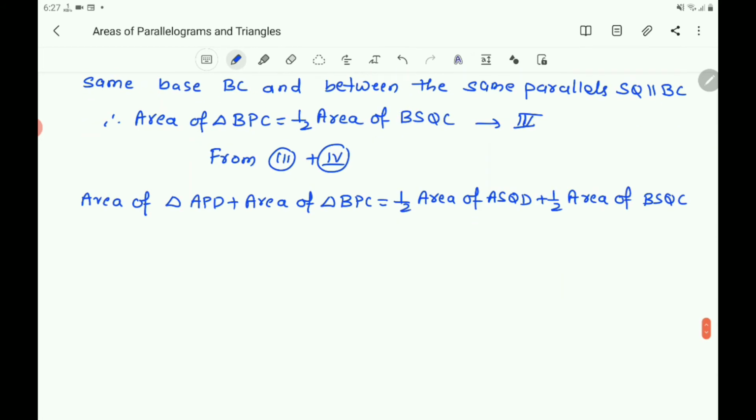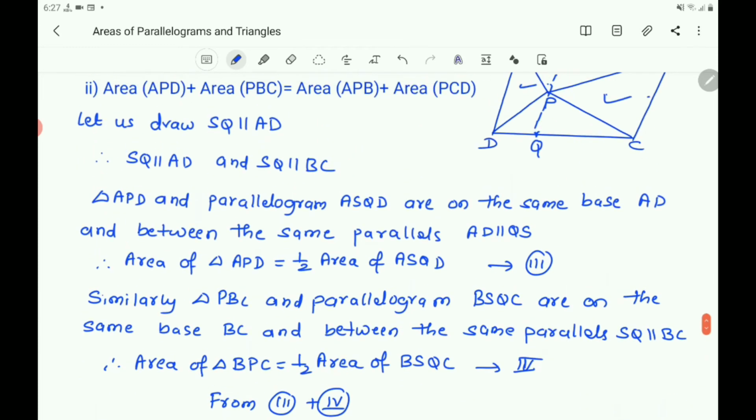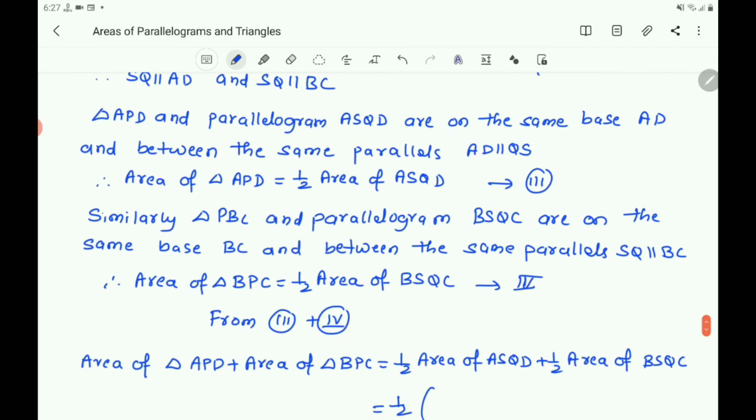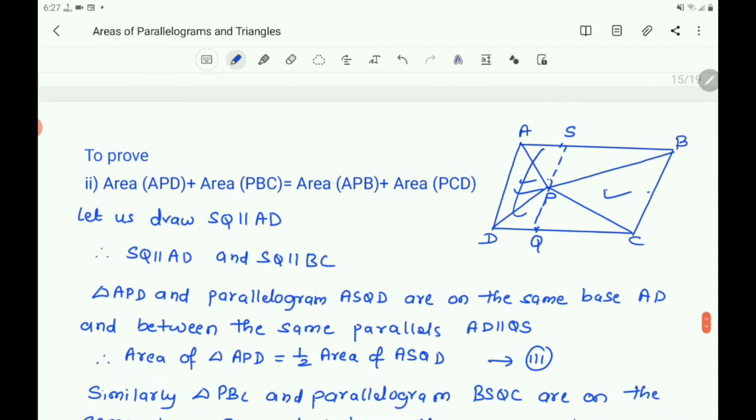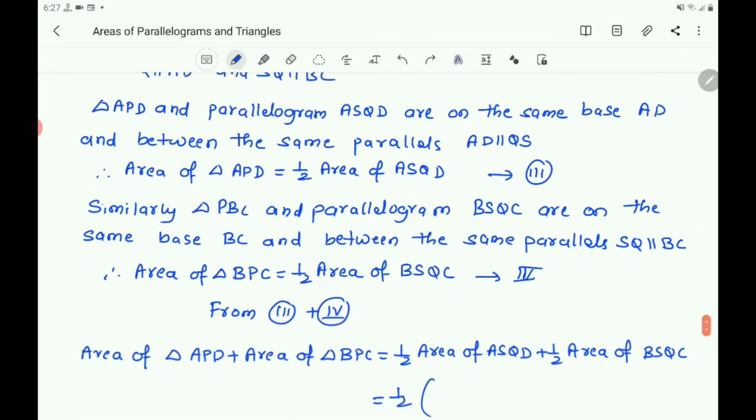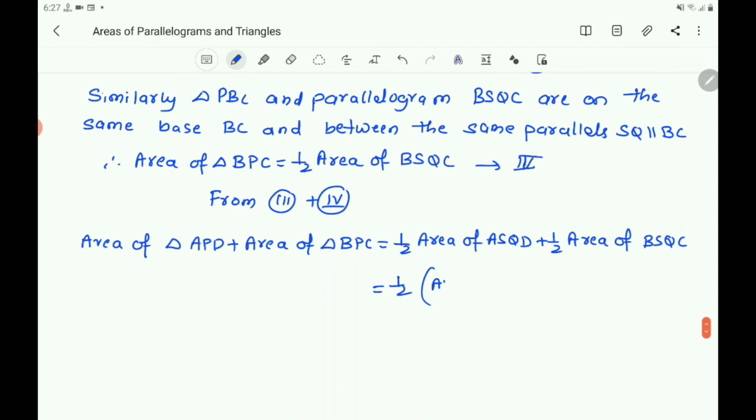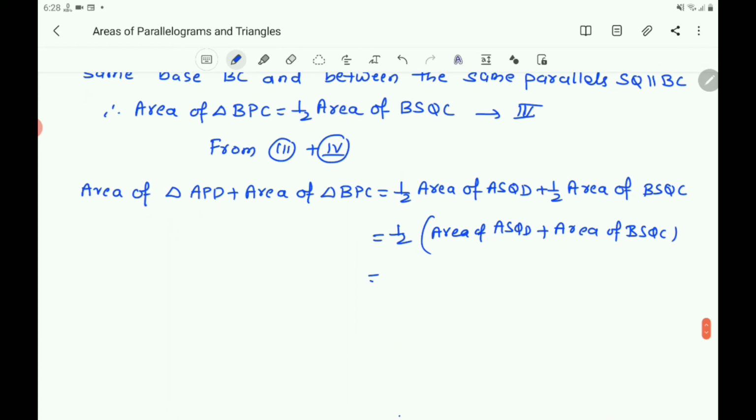That equals half into the sum of these two. Removing the half common here, area of ASQD plus area of BSQC, so you will get that equals half into area of ABCD.